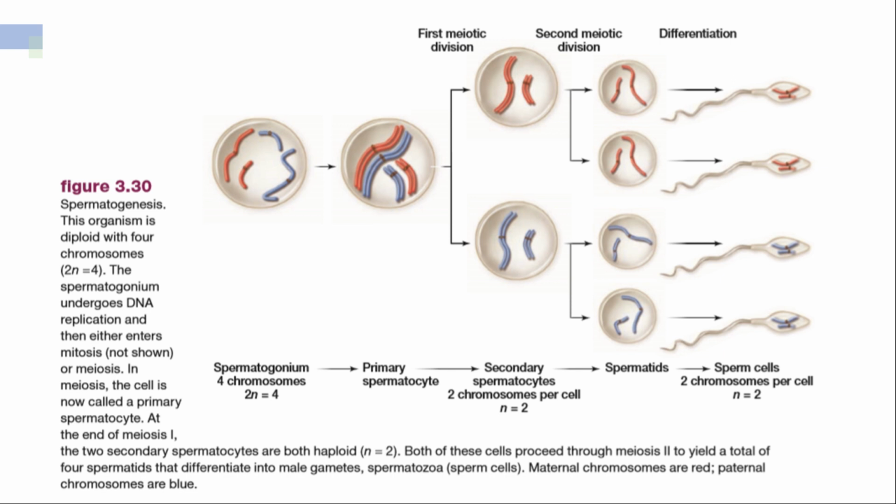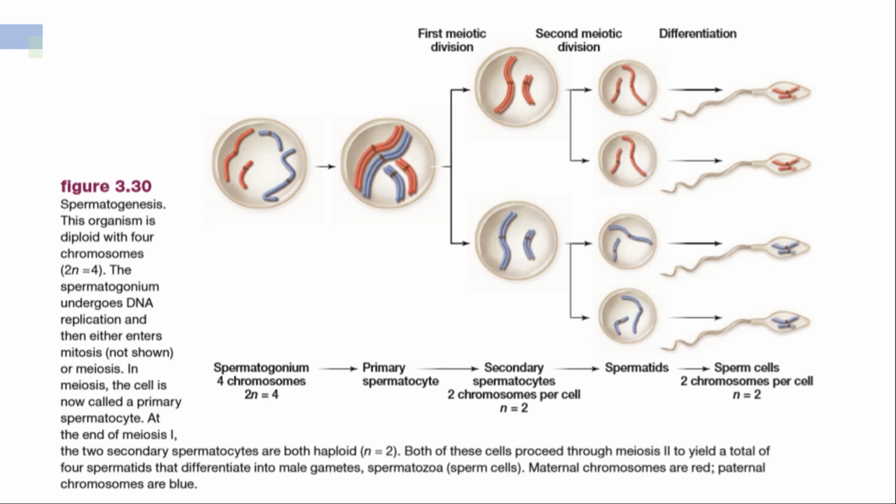Then, by the end of the first meiotic division, nakaproduce na siya ngayon ng dalawang secondary spermatocytes, both of which are haploid. Kita nyo naman, each secondary spermatocyte contains 2 chromosomes na lang. But each of those 2 chromosomes comes in the form of a dyad. So kahit dalawang chromosomes na lang yung mayroon siya, in total, 4 sister chromatids talaga ang mayroon siya.